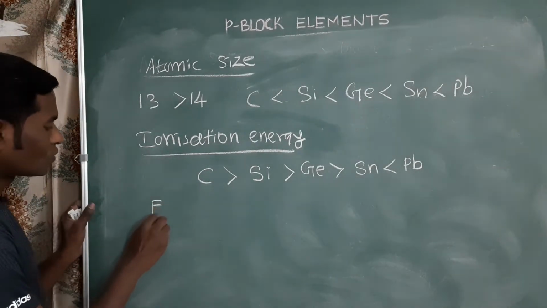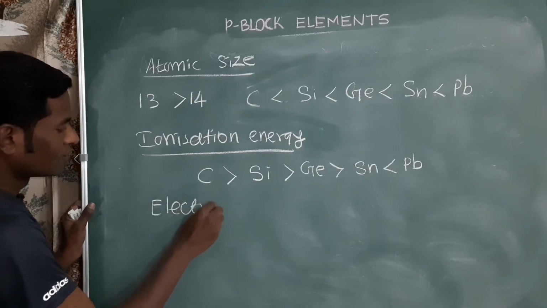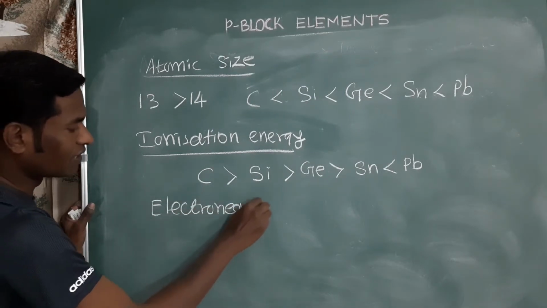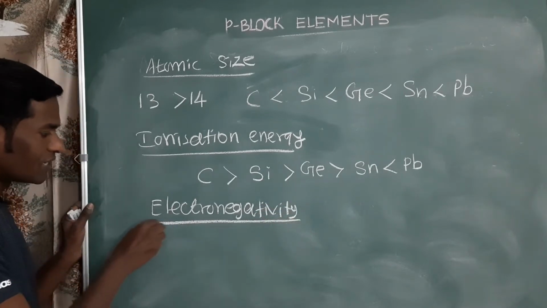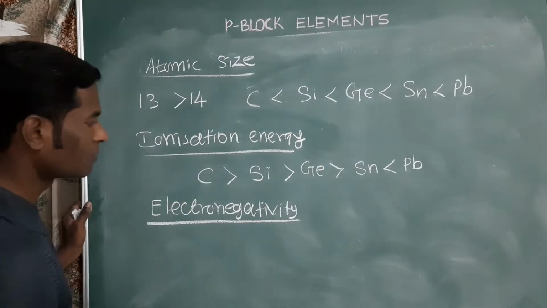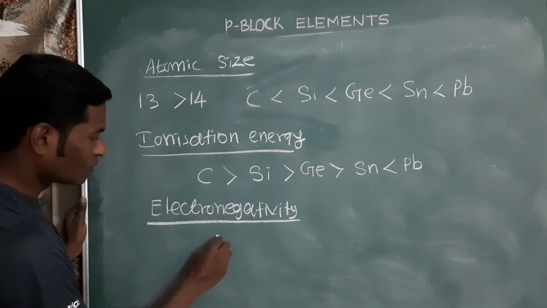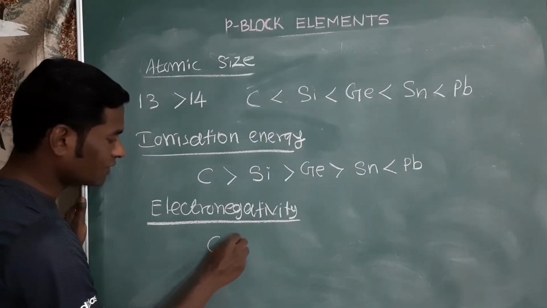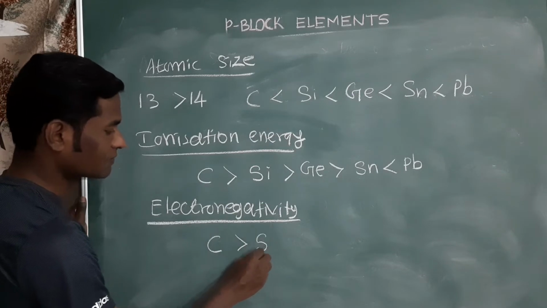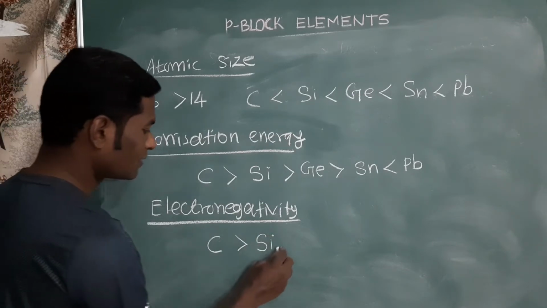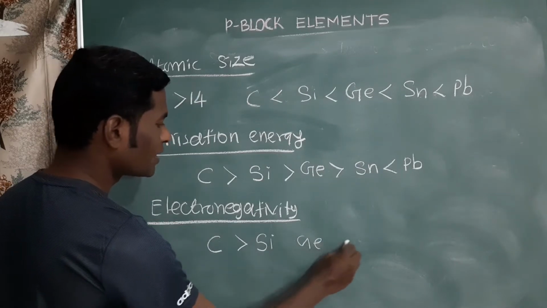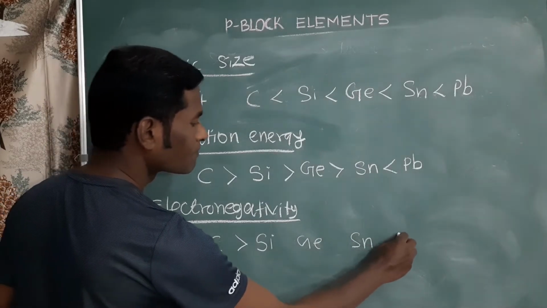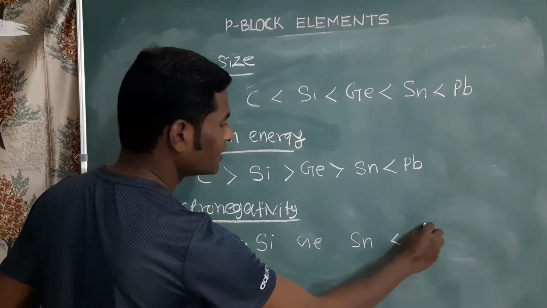Next is electronegativity. The definition of electronegativity: the tendency of an atom to attract the shared pair of electrons towards itself in a molecule. Moving down the group, electronegativity gradually decreases. Carbon greater than silicon, germanium, tin, slightly increases in lead.